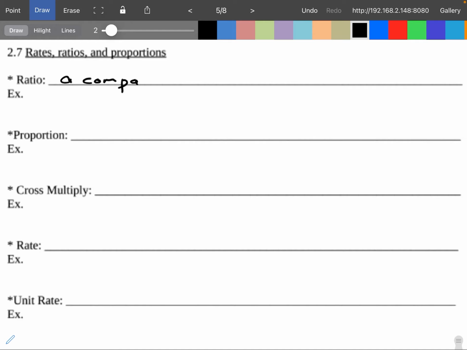So we're going to write a comparison of two quantities using division.